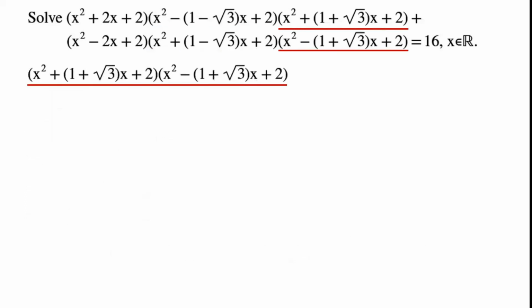x squared plus 1 plus root 3 times x plus 2 times x squared minus 1 plus root 3 times x plus 2 can be written as x squared plus 2 plus 1 plus root 3 times x, times x squared plus 2 minus 1 plus root 3 times x.